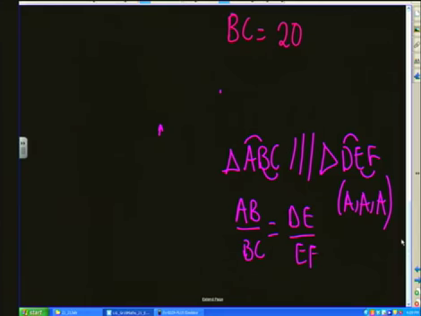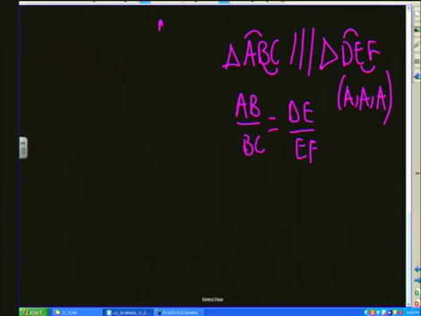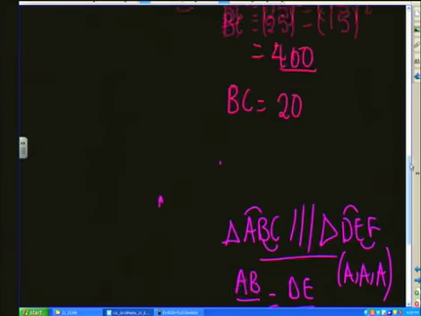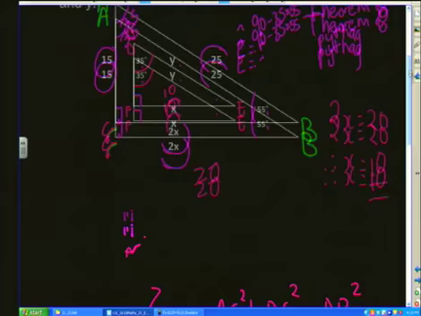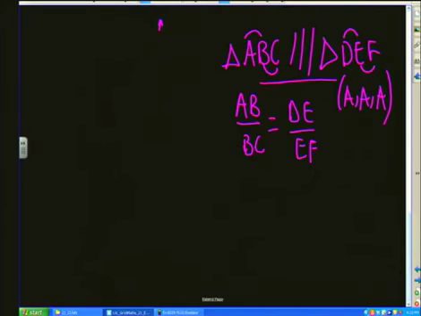This is similarity that you've learned before in previous terms and even in grade 9, so you should all be familiar with this. Once I've got this proportion set up, that follows because the triangles are similar, I can then put in the values for AB and BC. AB was 25 and BC was 20. We are looking for DE, which is the same as Y, and we know that EF was 10.